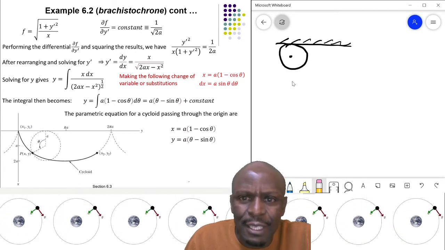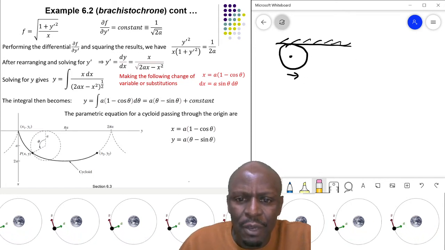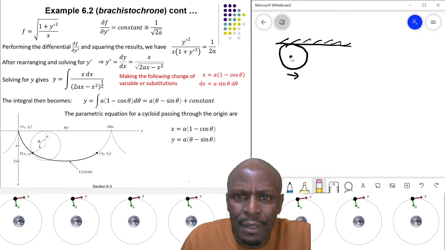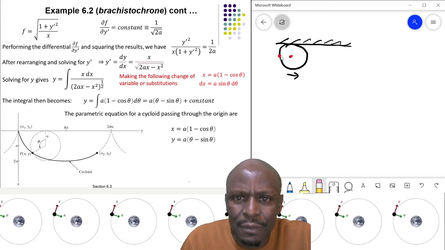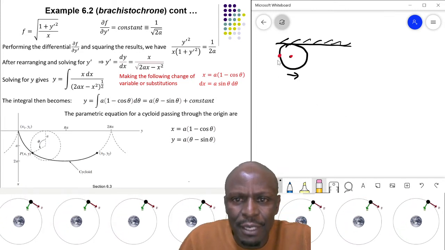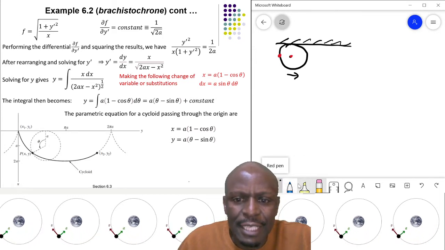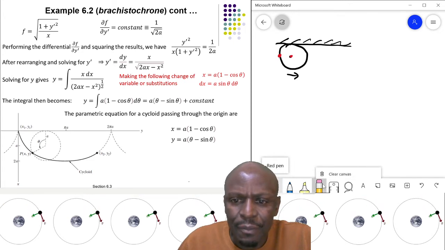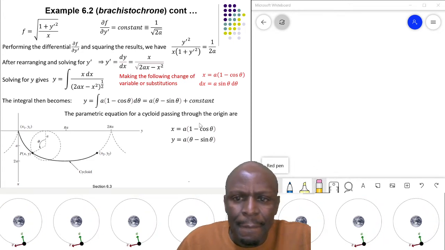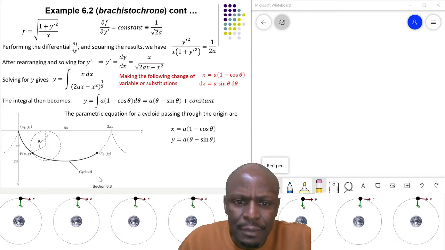Now if this disc is going in this way, what is going to happen to this point here? This point will just be there. But what will happen to a point somewhere here? That point will just be making a cycloid graph.